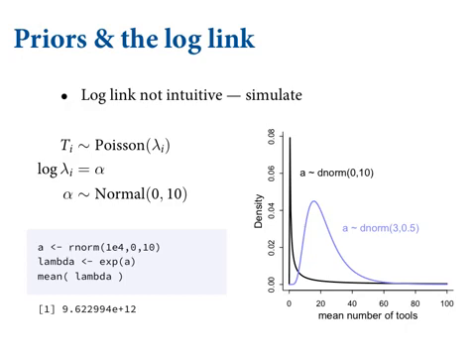How do we simulate from this prior? We use rnorm. We just sample a bunch of rnorms with mean 0 and standard deviation 10. We convert them to lambda by exponentiating them. That's the inverse link. And then the first thing, I've plotted that distribution in black on the left here. Doesn't look very flat, does it?